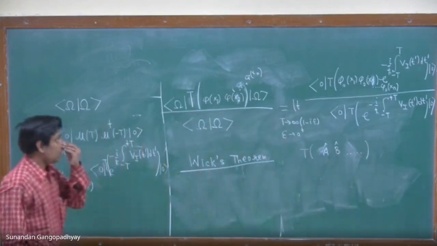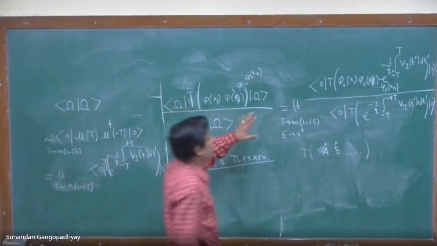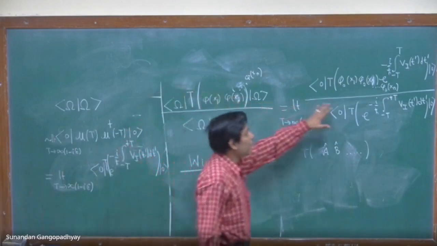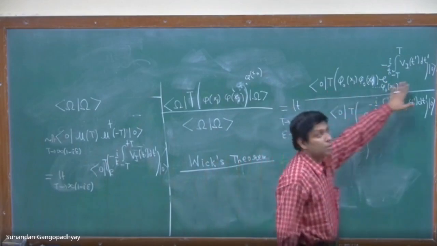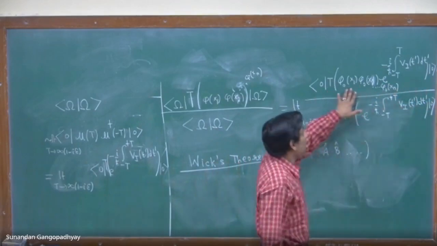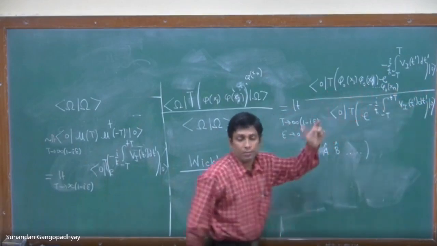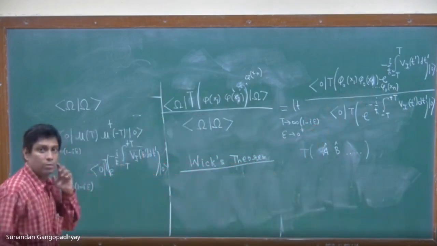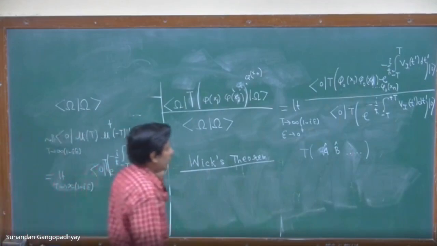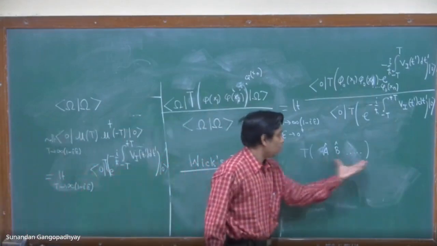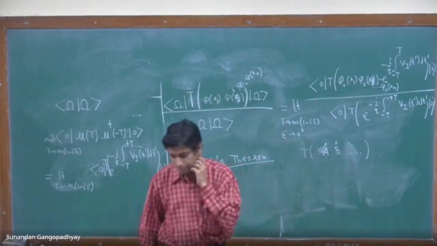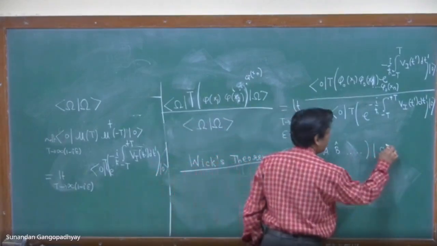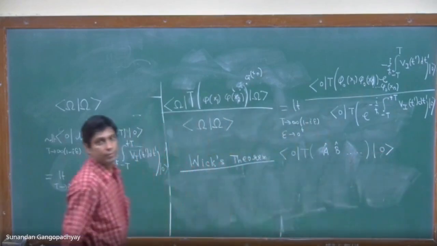So the problem of calculating this quantity has boiled down to the problem of calculating this quantity, that is, the vacuum expectation value of the time ordered product of free fields. And this vacuum is the vacuum of the free theory. That is what we need to calculate.